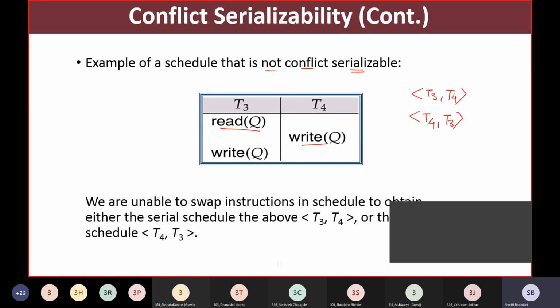So it is not possible to come up with the serial execution like T3, T4 or T4, T3 because it is not possible to swap these instructions because those are conflicting, right? And that is why we are saying that this schedule is not conflict serializable. Got it? Yes?